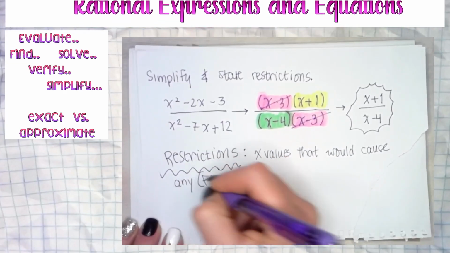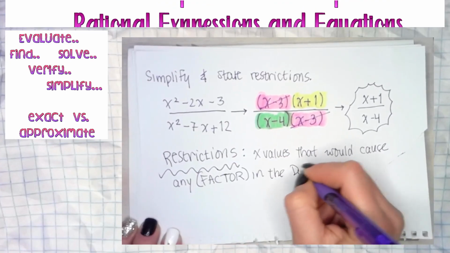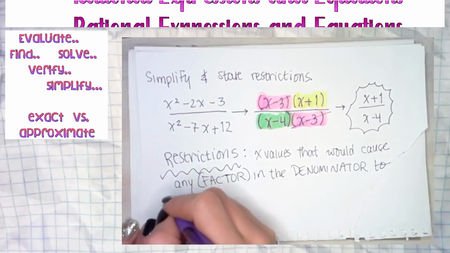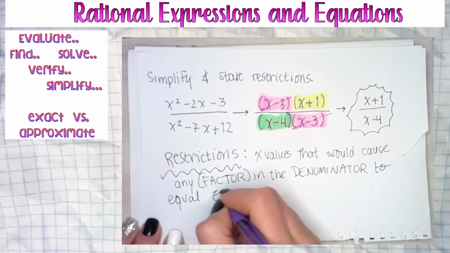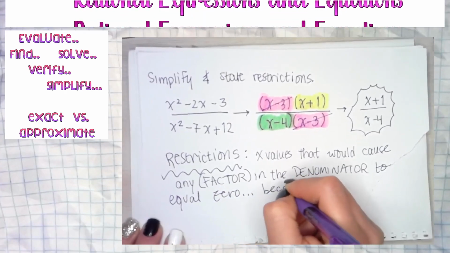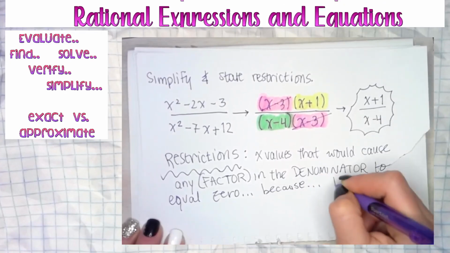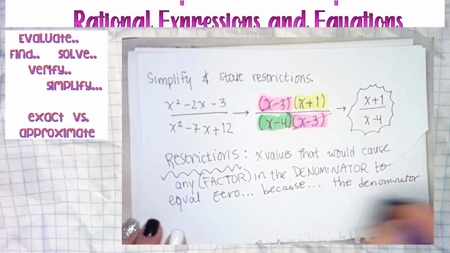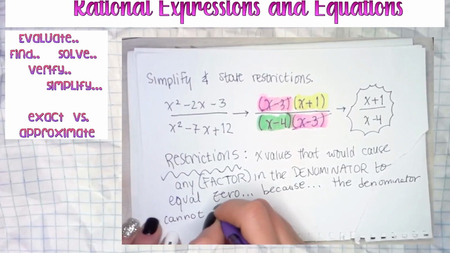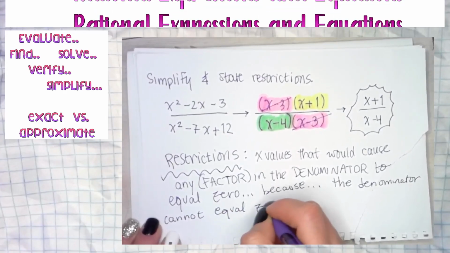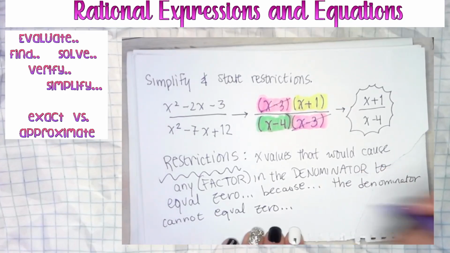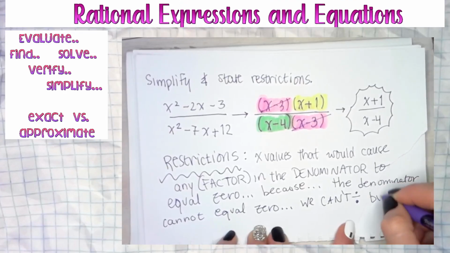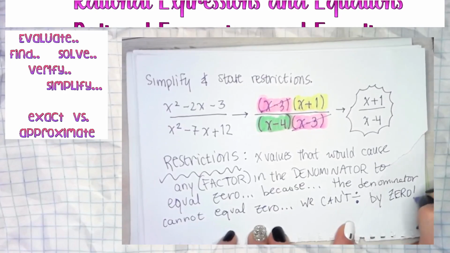Any factor, I'll put it in parentheses, in the denominator, that's the bottom, to equal 0, because the denominator cannot equal 0. We can't divide by 0!